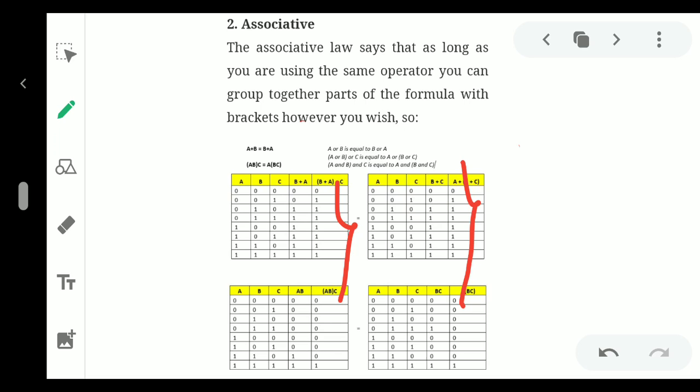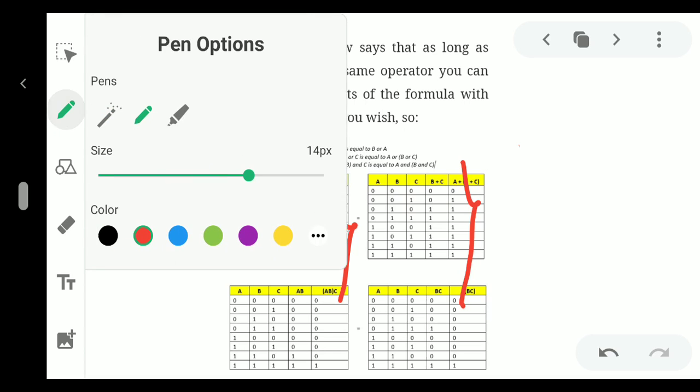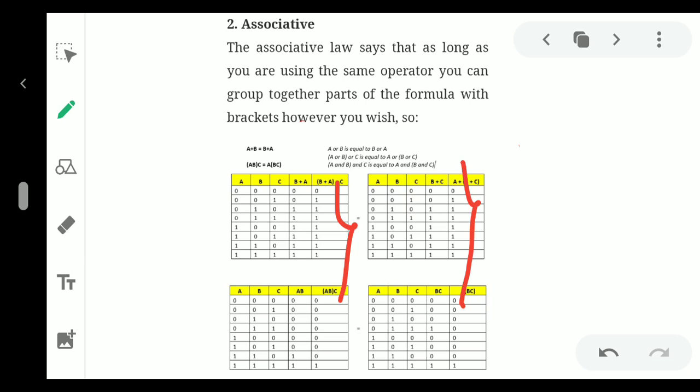In case of multiplication, if you check AB into C, it gives 7 times 0 and 1 times 1. And in case of A into BC, we get the same result.